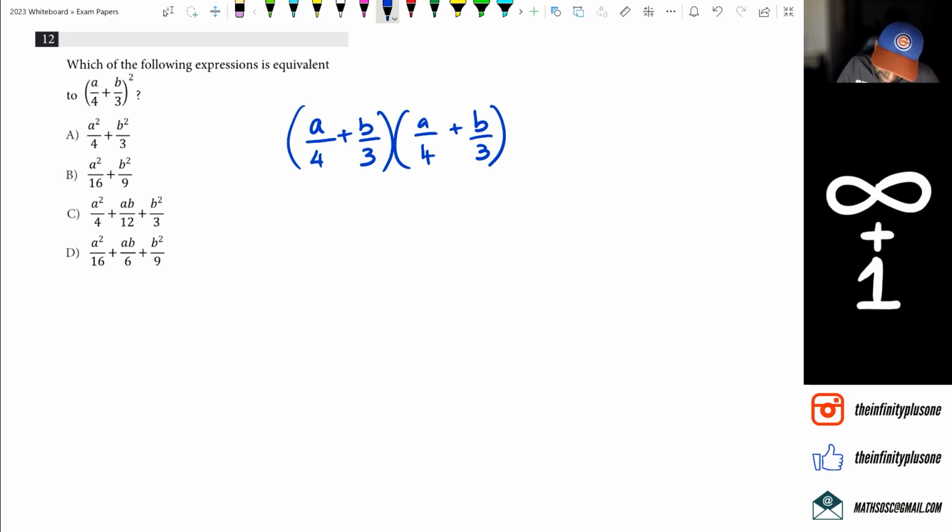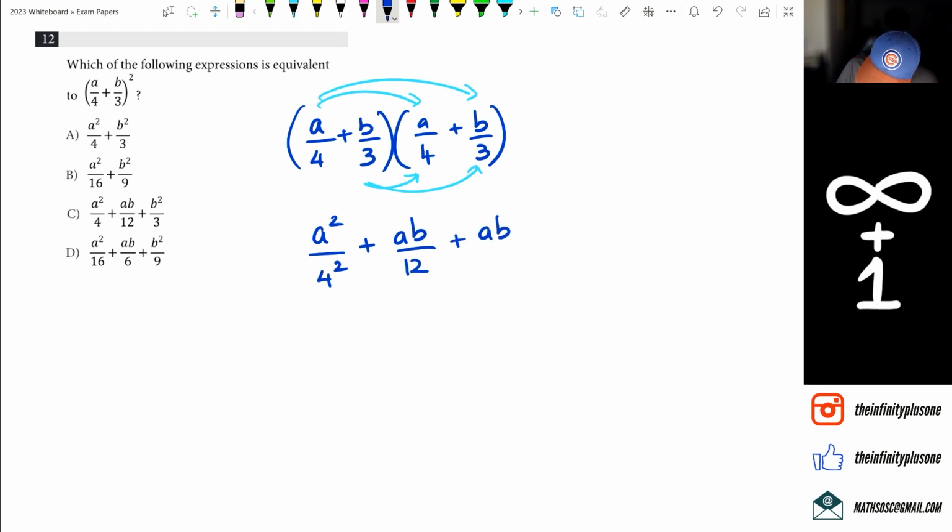Expanding quadratics, people have methods like FOIL, insides, outsides, whatnot. But basically, we just have to make sure we multiply all those elements. So we've got a squared over 4 squared plus ab over 12 plus another ab over 12 plus b squared over 9.